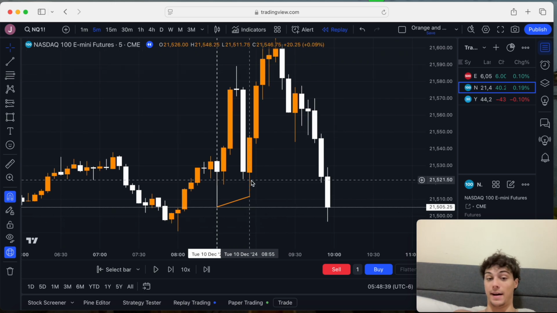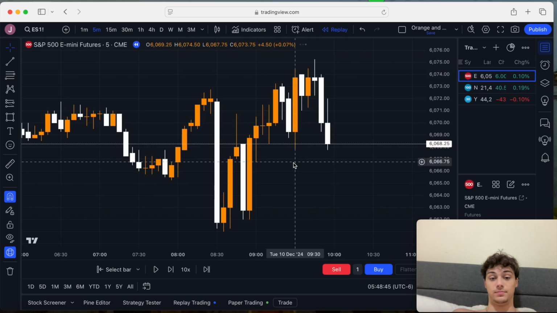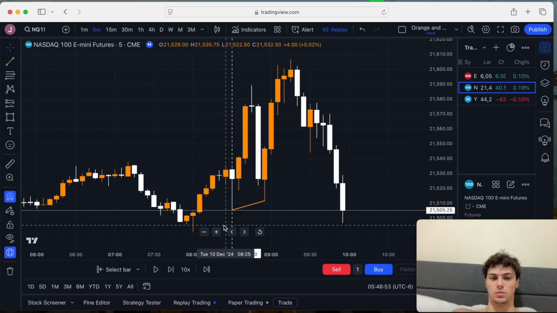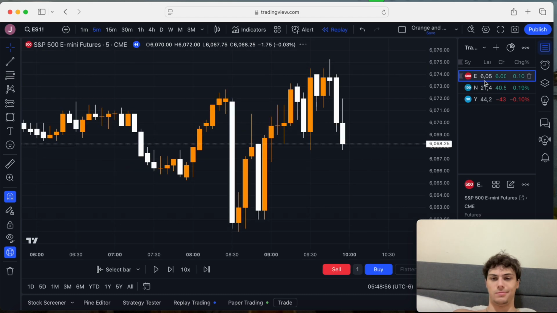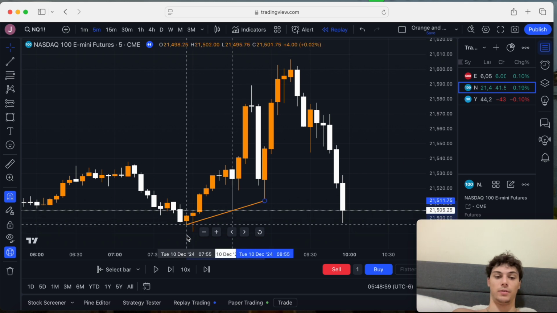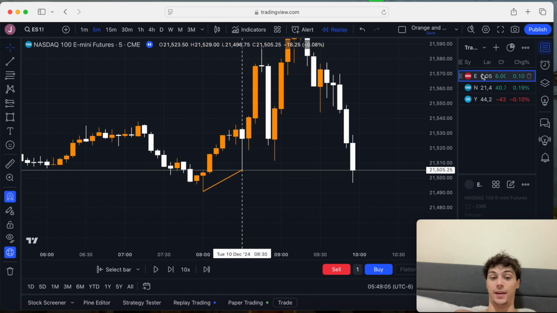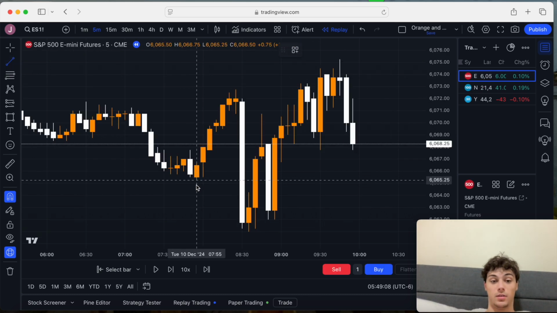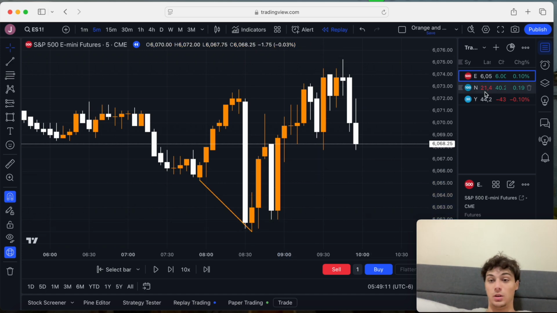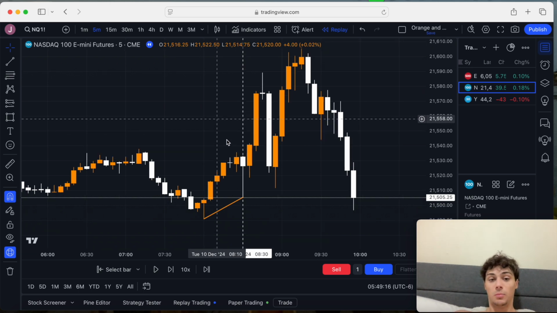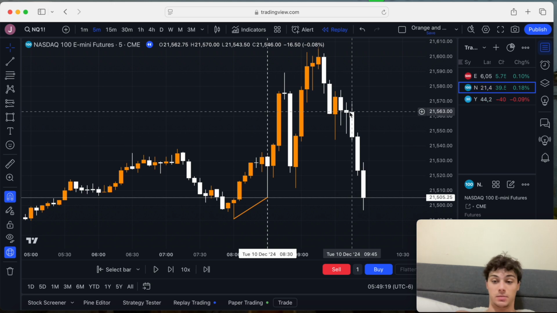We have higher lows right here, and on ES, what do we have? We have lower lows, and it's right at market open, so it still counts, but it doesn't match your bias, so it doesn't matter.